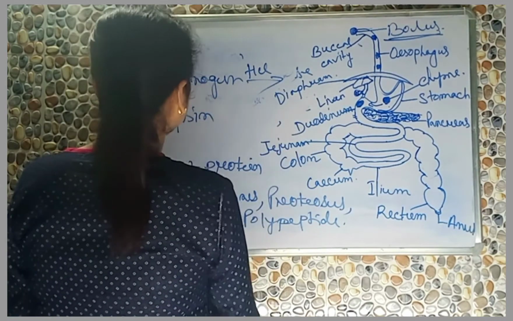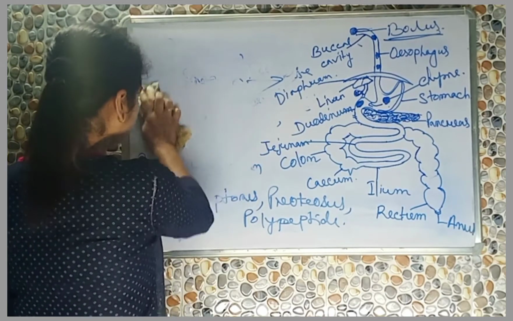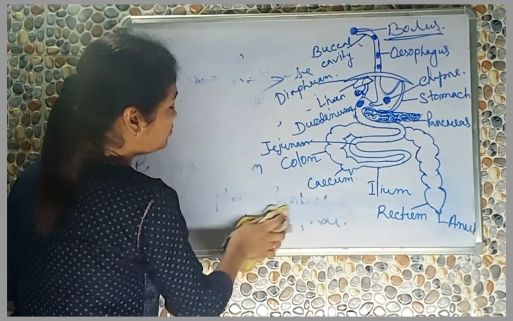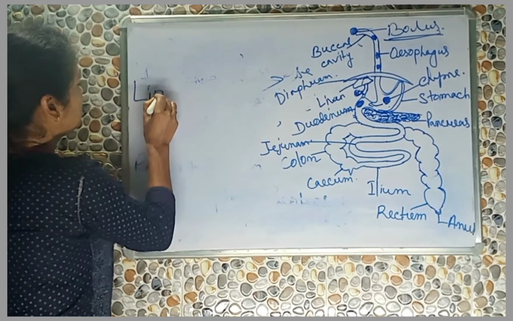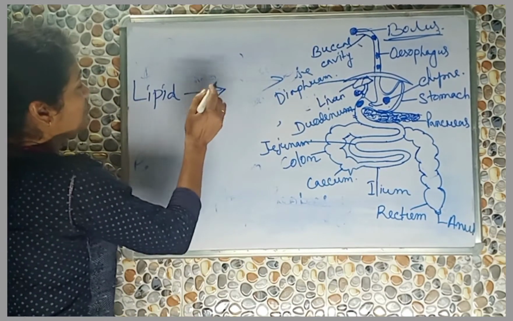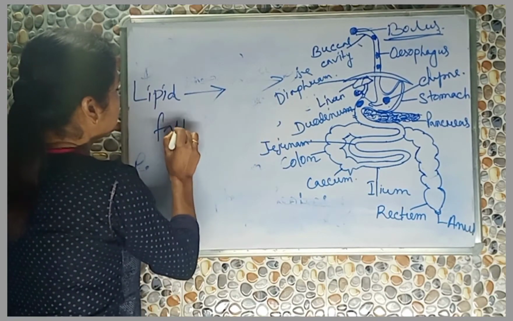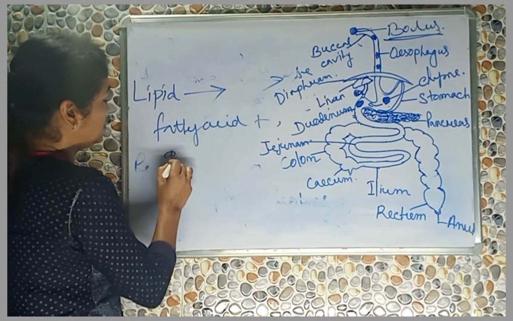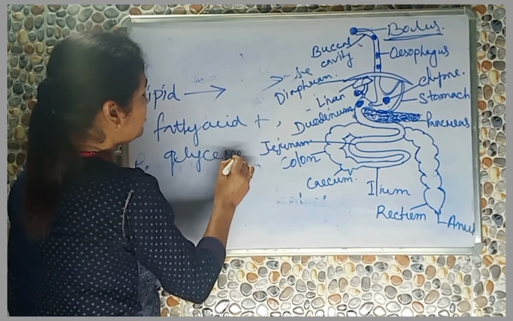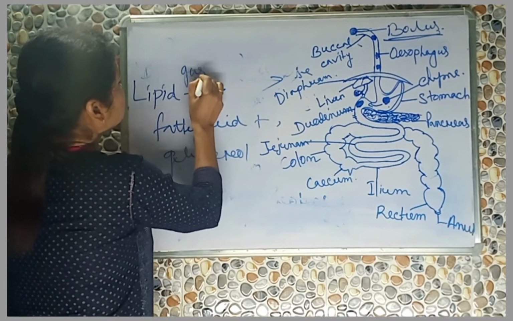And then gastric lipase acts on the lipid part of the food mixture. Lipid is broken down into fatty acid and glycerol in the presence of gastric lipase.